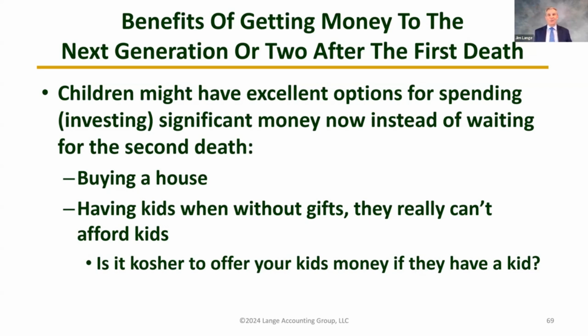Is it kosher for you to bribe your kid and say, hey, if you have a kid that is your grandchild, I'll help you out with $100,000, I'll take care of the college fund for the grandchild. I'll help you to get into a neighborhood that has a better school system, whatever it is. I'll leave that one to you.